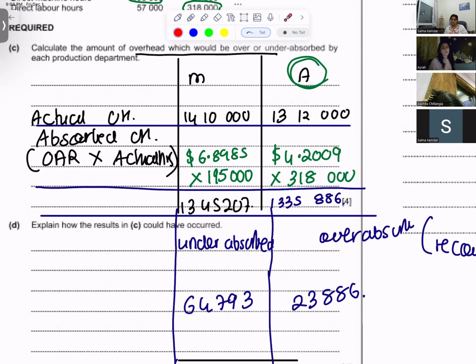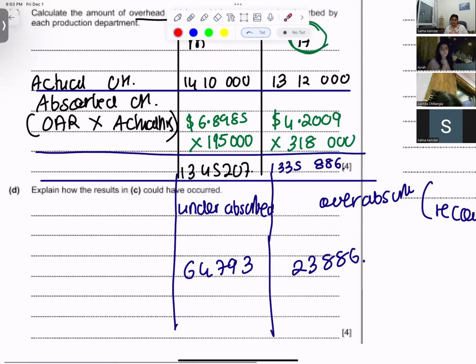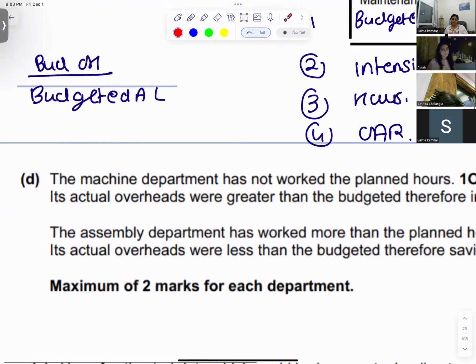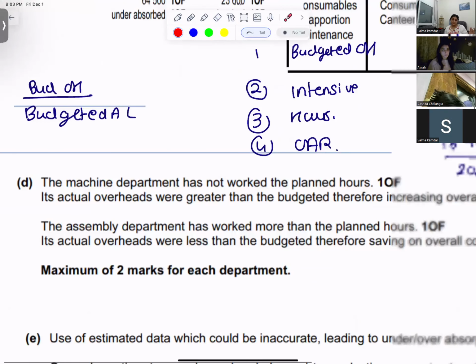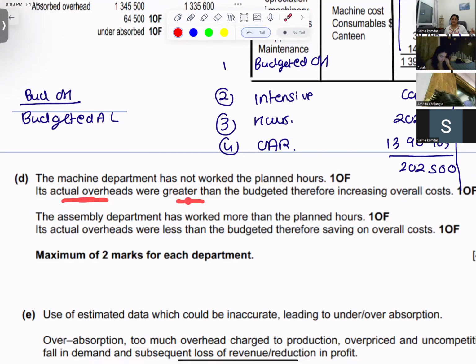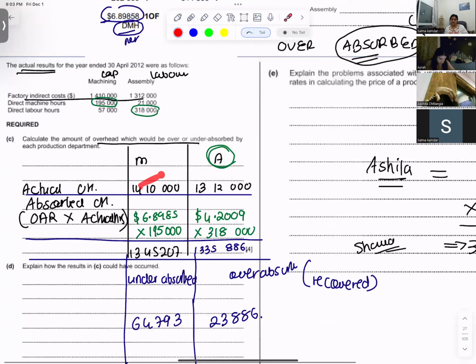The first reason why it is under absorbed is that the actual overheads were more than the budgeted overheads. Your actual expenditure was more than the budgeted expenditure. That is why it is under absorbed.